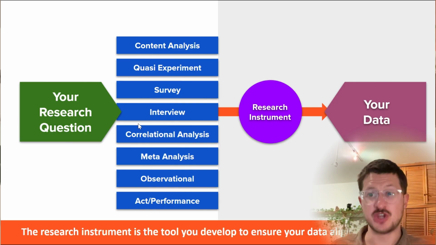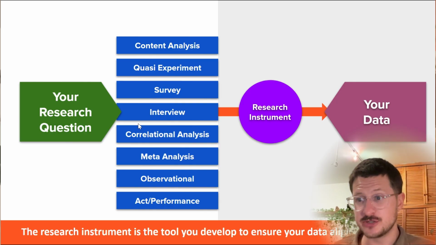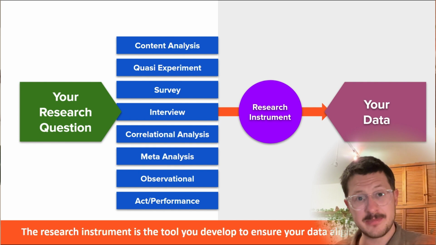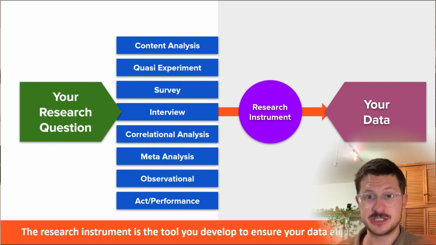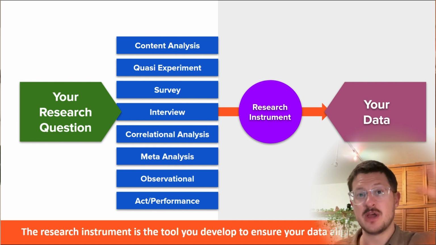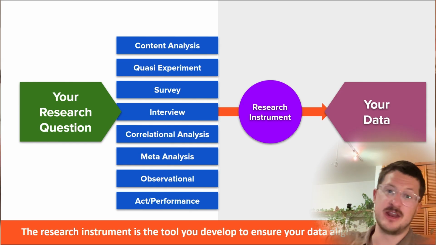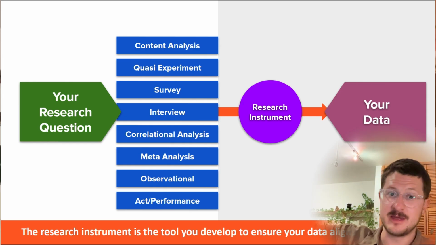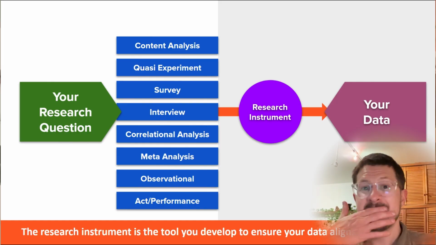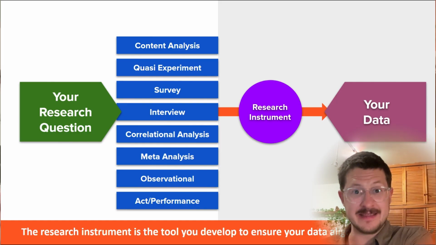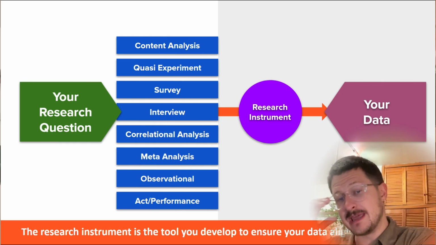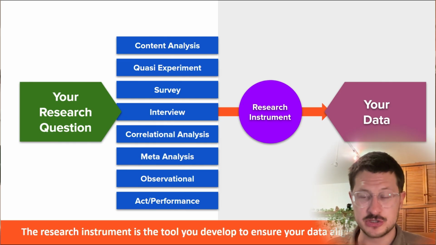Okay. So just to summarize, the research instrument is that tool you develop. That would be like I build a spreadsheet that has some columns for the temperatures and another that has columns for the sales of ice cream. And then that is going to be the data that I use in my paper to talk about conclusions.